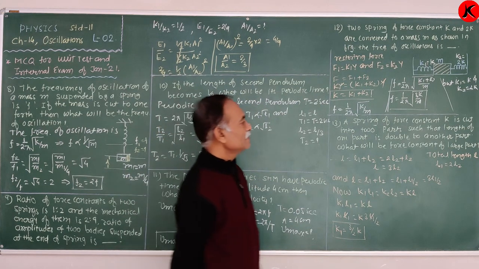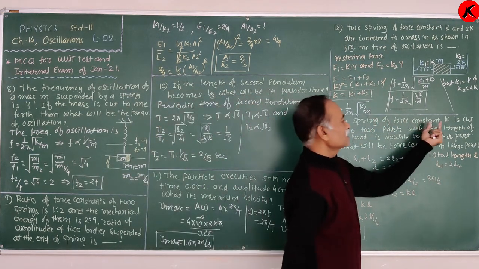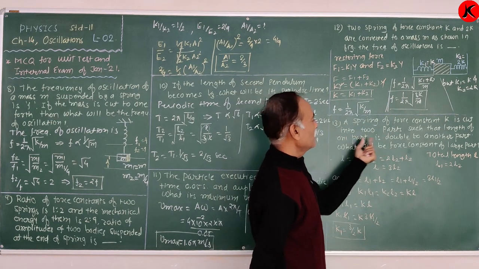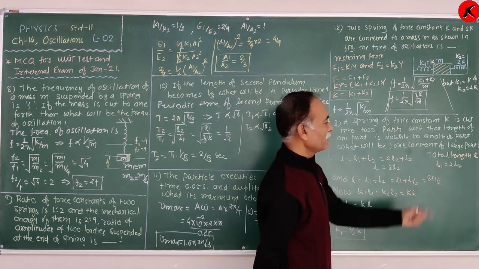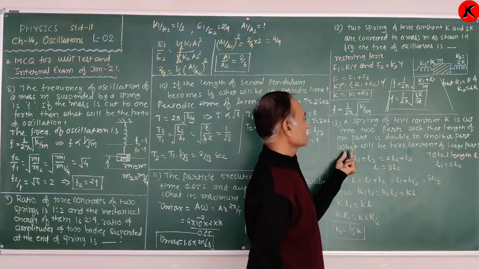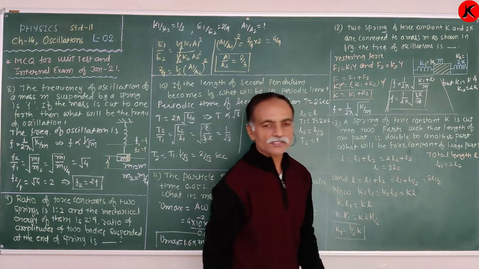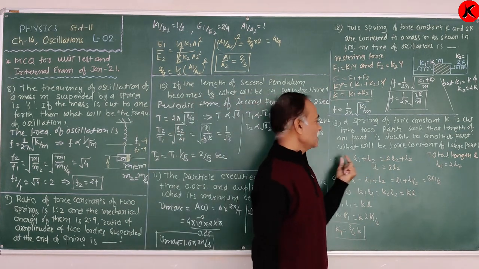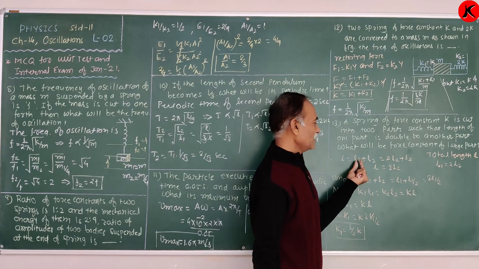Again, a spring of force constant K is cut into two parts, such that the length of one part is double the other part. The length of the first part is double the second part. What will be the force constant of the large part? Now, total length L is equal to L1 plus L2, but L1 is 2L2.